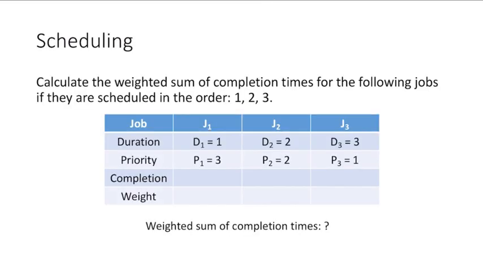Okay, well, when I schedule these jobs in order, that means I have to compute the completion time of each of these jobs. So job 1 will have a completion time of 1. Job 2 will have a completion time of 1 plus 2. And job 3 will have a completion time of 1 plus 2 plus 3. And then their weighted sum that contributes to the weighted sum of completion times is just this priority row times the completion row.